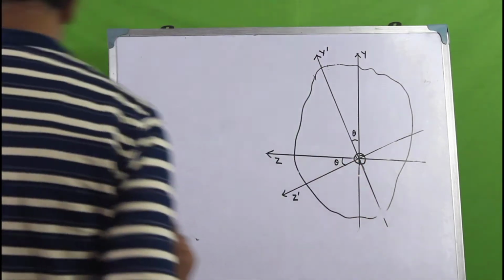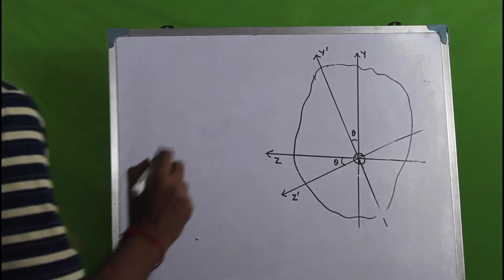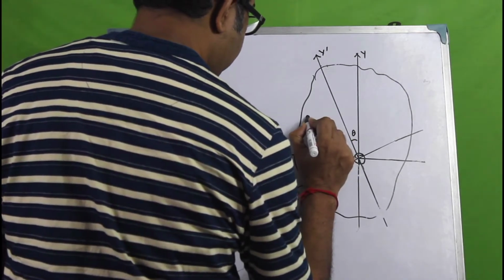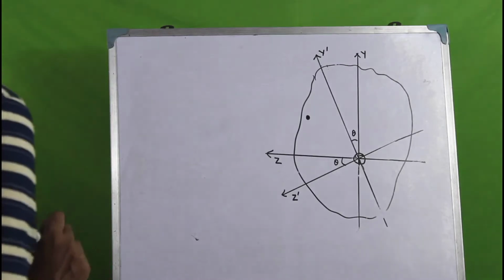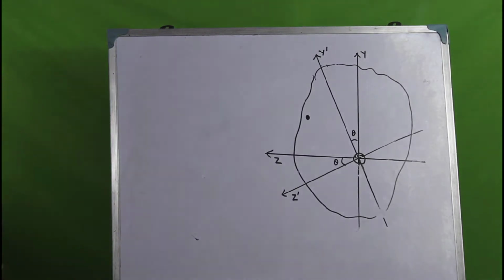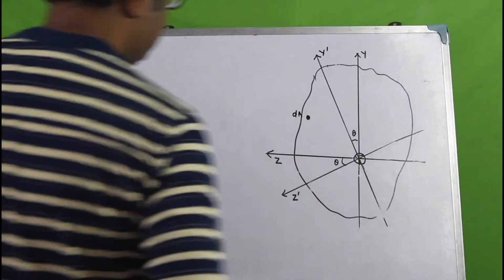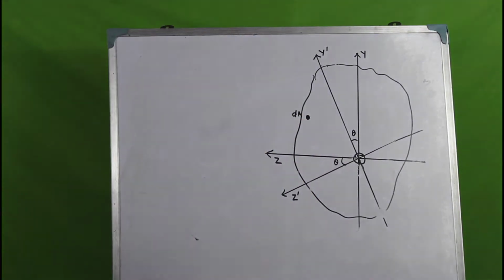Now let us consider a point or an infinitesimal area dA in this whole cross section.